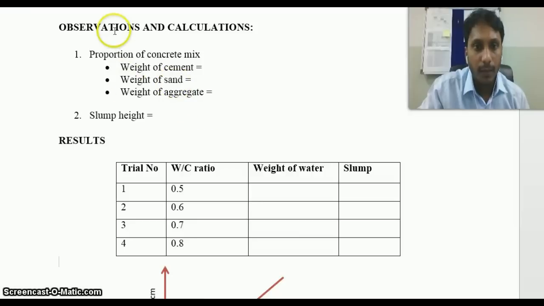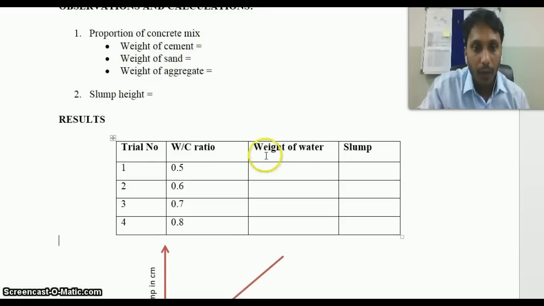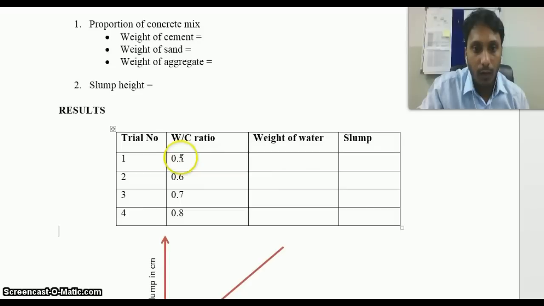Once you have done the experiment, you have to fill these observations and calculations. Write down the weight of cement, weight of sand and weight of aggregate. You can take this 0.5 water cement ratio and after calculation write weight of water here. Weight of water for 0.6 water cement ratio, 0.7 and 0.8 water cement ratio.